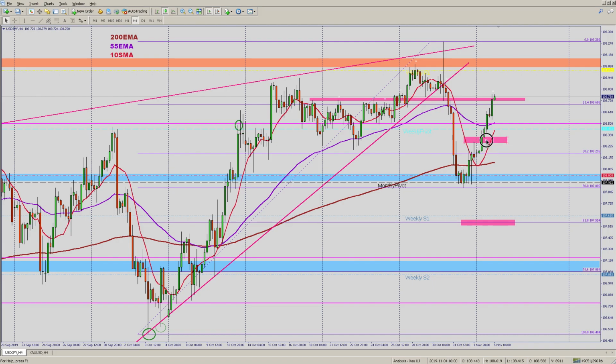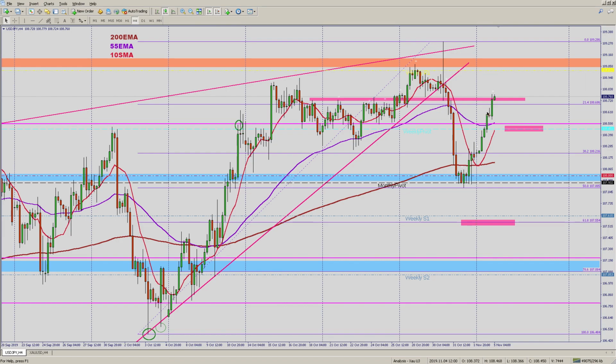So this was the previous resistance, so we can move this back up to this area for intermediate support. The weekly pivot for this week is at 108.45, so it's already climbed back up above that, and the 55 period EMA.